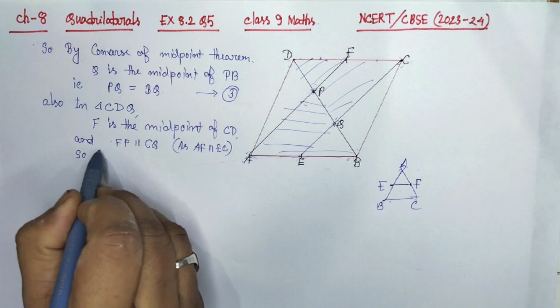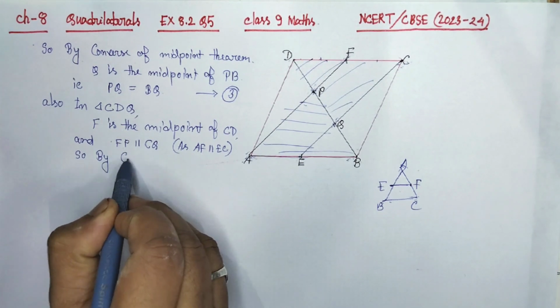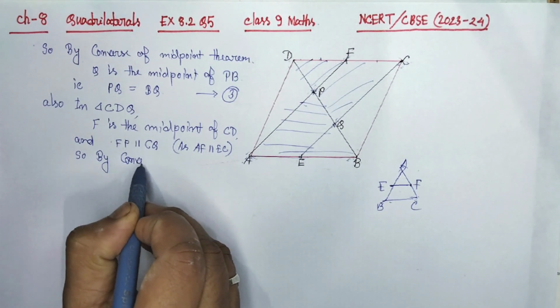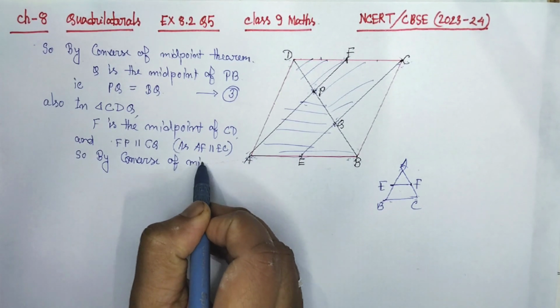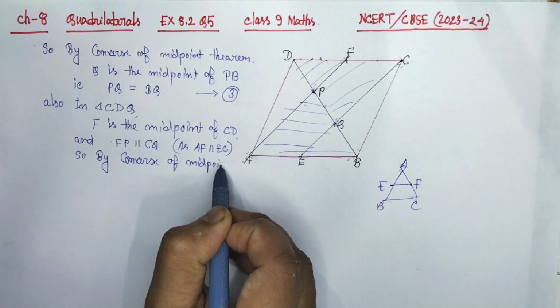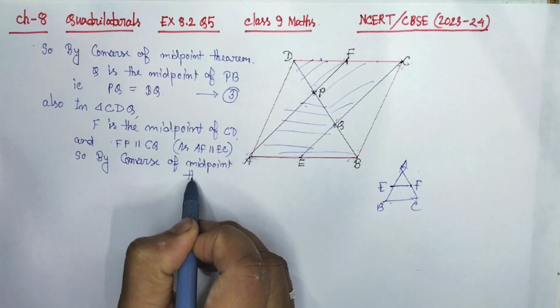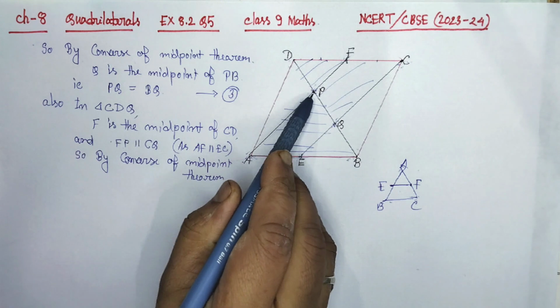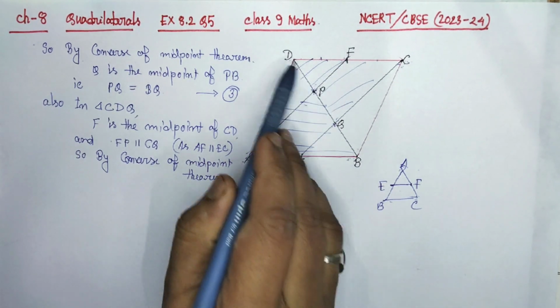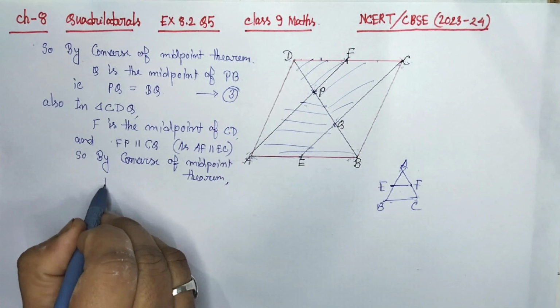So by the converse of midpoint theorem, P is the midpoint of DQ.